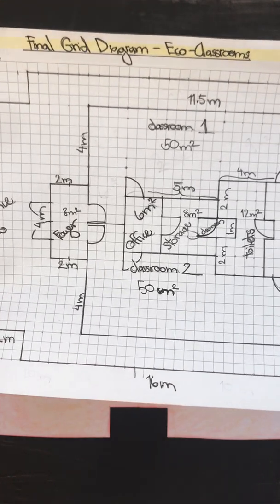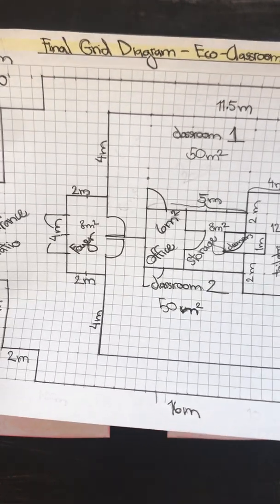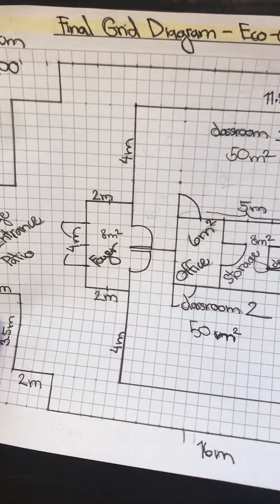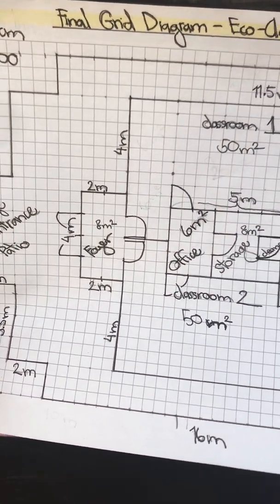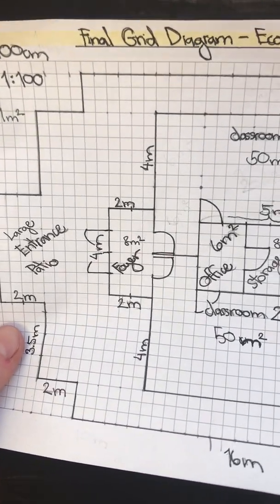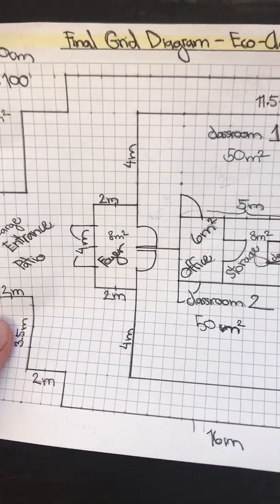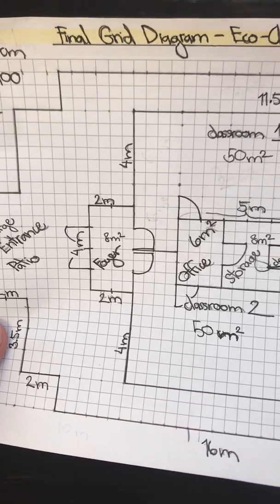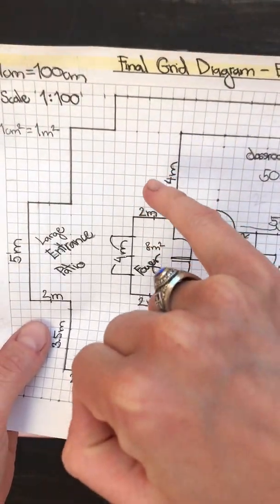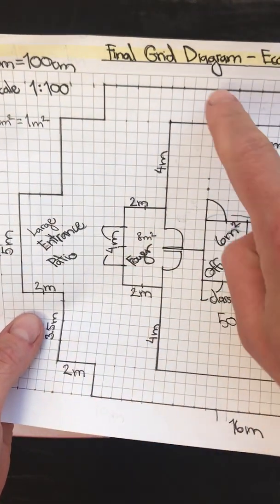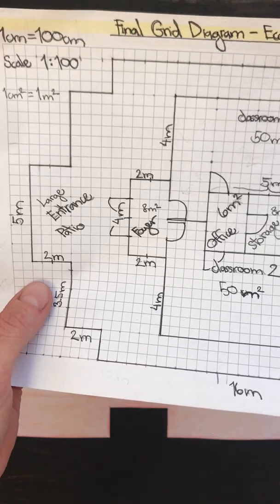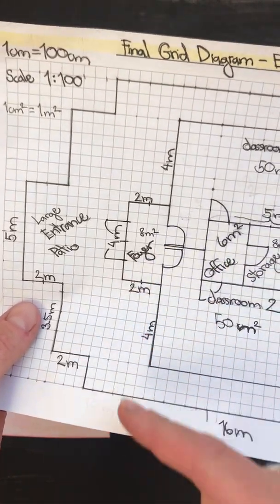Now, in order to get your new scale, you need to imagine that your 2 meters is in reality 200 centimeters. Because our new scale is 1 to 50, you need to divide 200 by 50. You will get 4 centimeters, and the same with the other wall. This is why you need to know your perimeters. This is why we did that exercise a few lessons ago about perimeters.